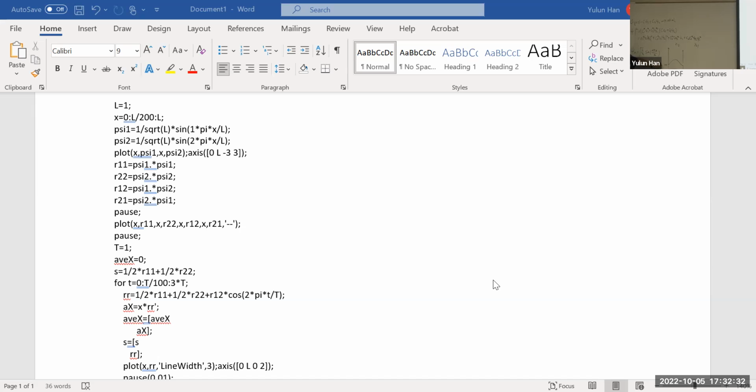This is your shape for the ground state. It's your first excited state. This is a wave function, but probability density is wave function squared. Something like that.